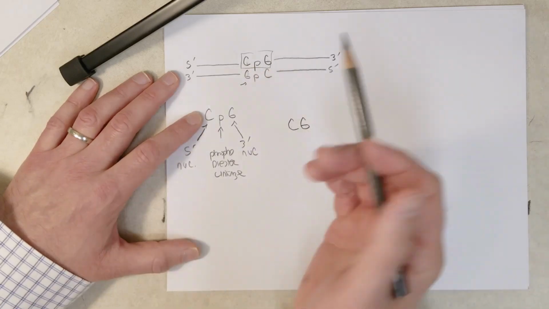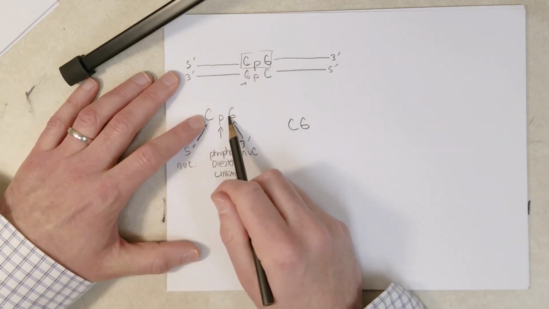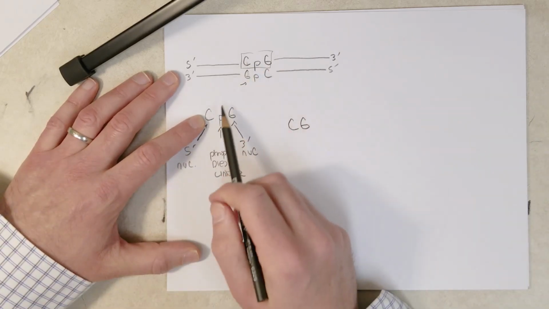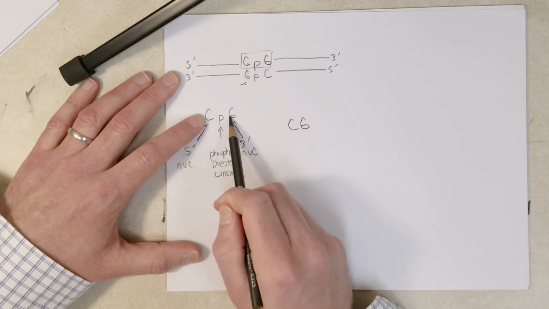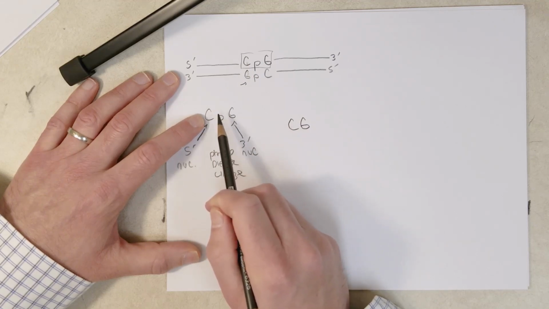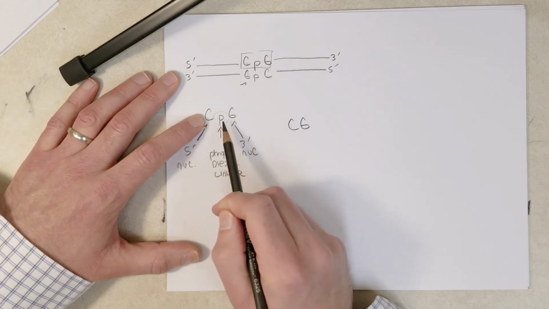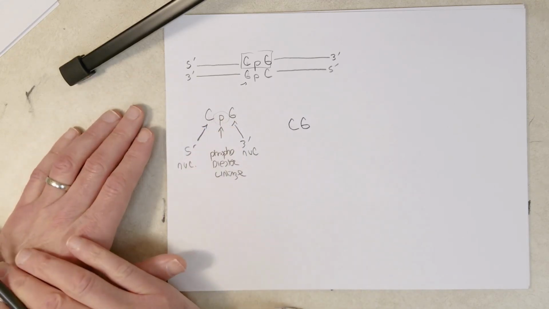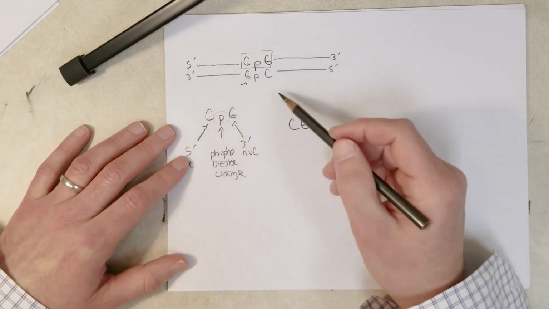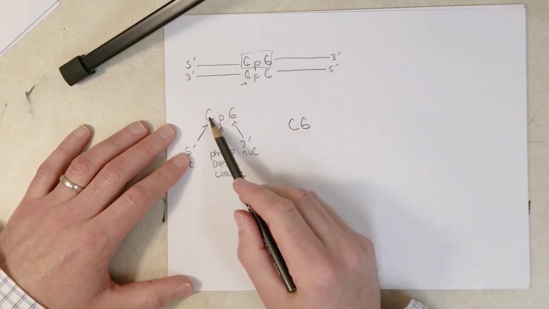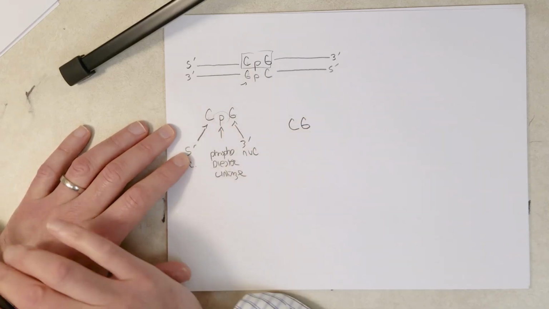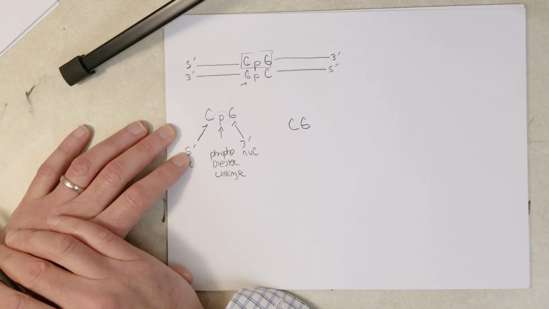So CpG refers to a C linked to another G through a phosphodiester linkage. These are on the same strand, and that's why we put that P in there. So the cytosines are often methylated when they are found in these CpG dinucleotides in DNA.